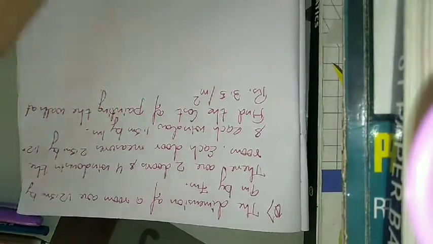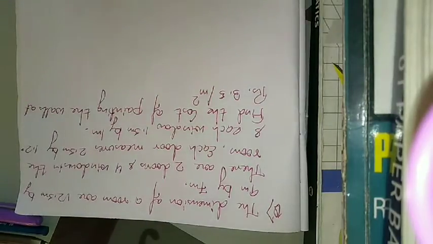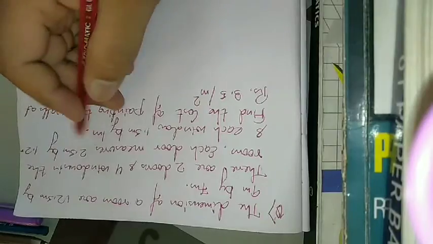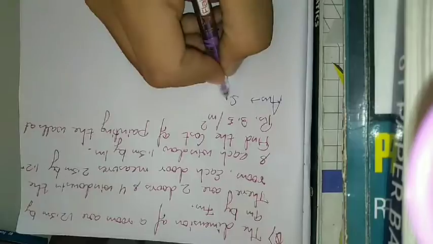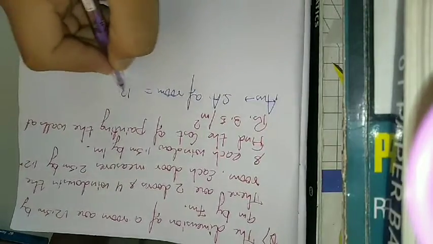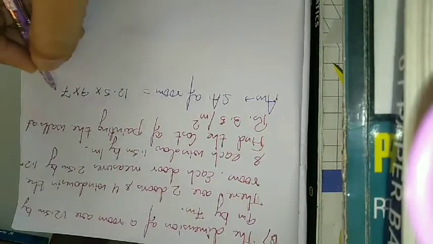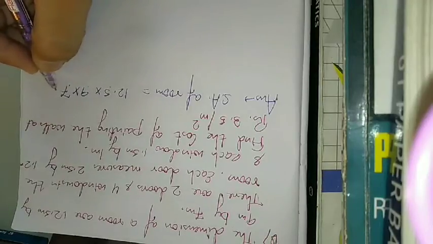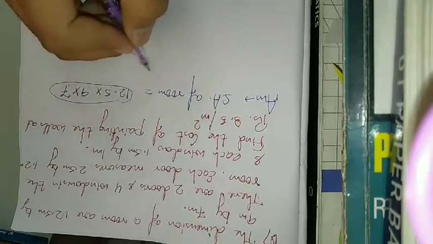So what you need to do, the thing is simple. You need to find the surface area of the room first, and from there you need to subtract the doors and window area. Let's calculate this. Surface area of the room is equal to 12.5 multiplied by 9 multiplied by 7, meter into meter into meter, so this becomes cube, and this is for volume.